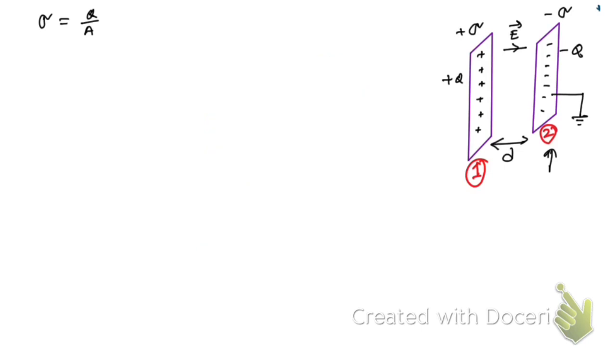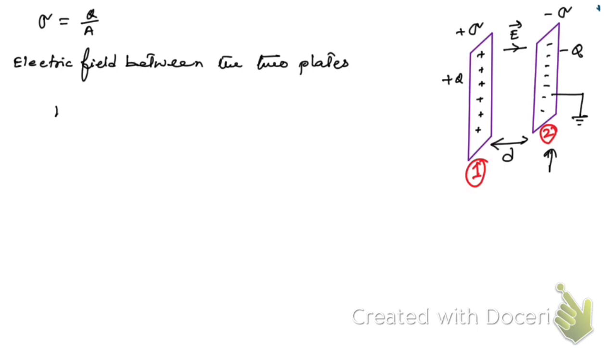Therefore, the electric field between the two plates is given by E is equal to sigma by epsilon naught. Sigma is nothing but Q by A, so we're going to use that expression here.